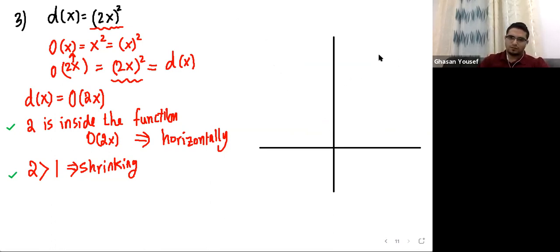This is not d of x, sorry. This is O of x equal x squared.